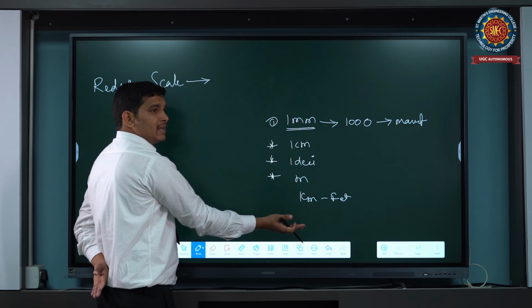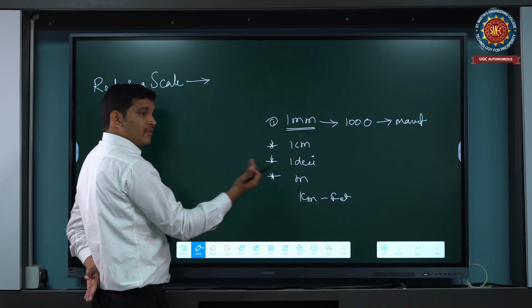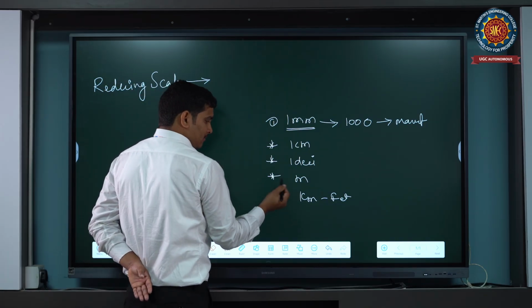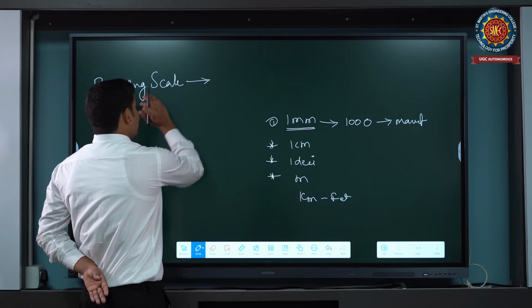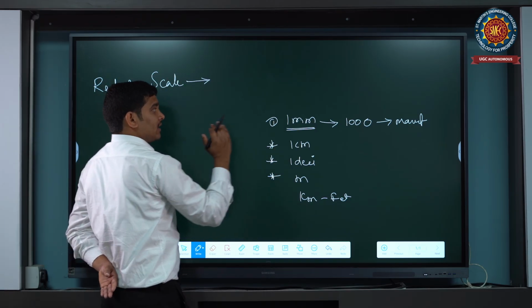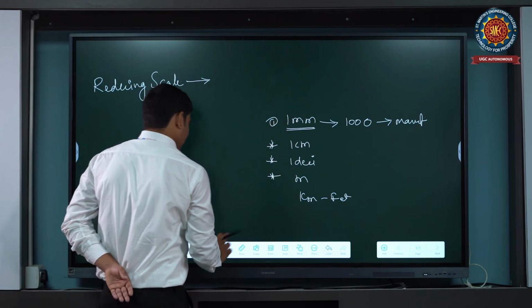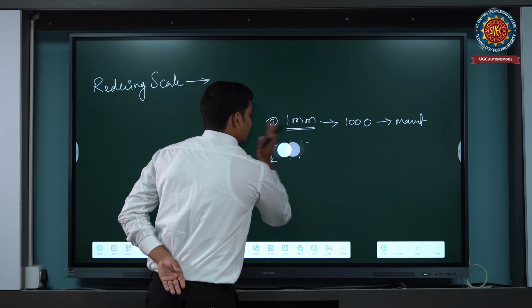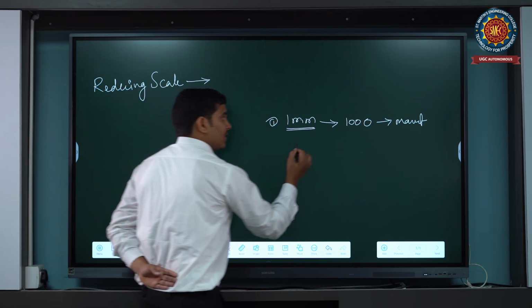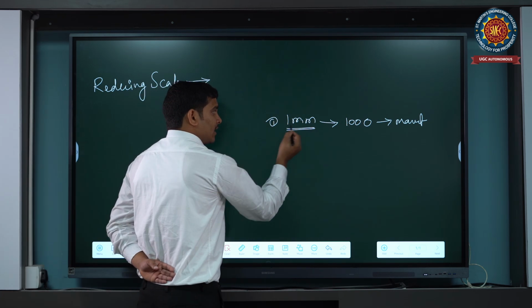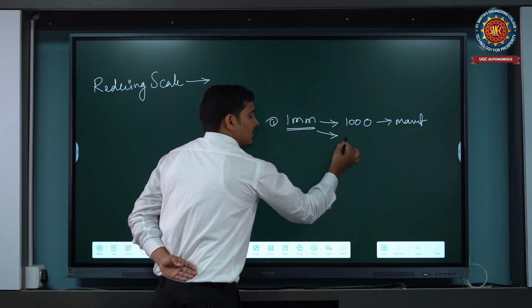In daily life, civil engineers use feet and inches, meters, and SFT, square feet. That is the enlarging scale. Now the reducing scale is 1 mm. For this 1 mm, we use a steel rule.